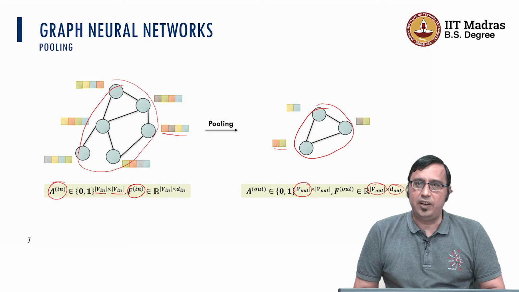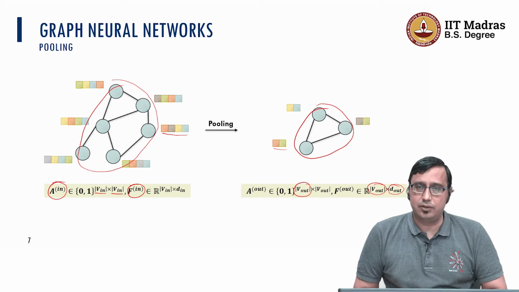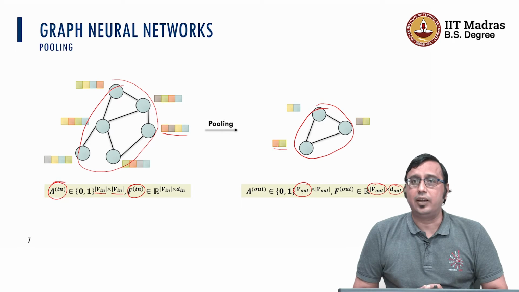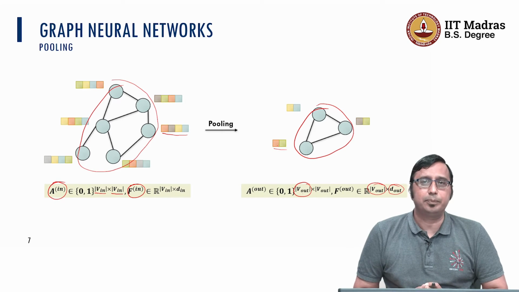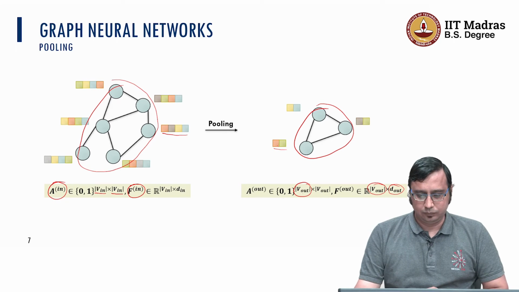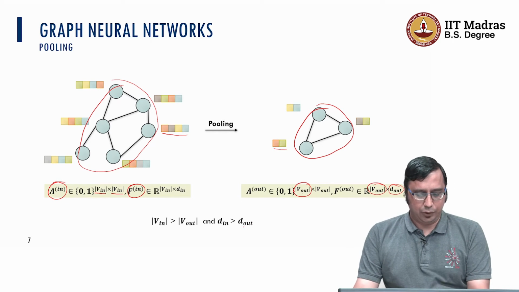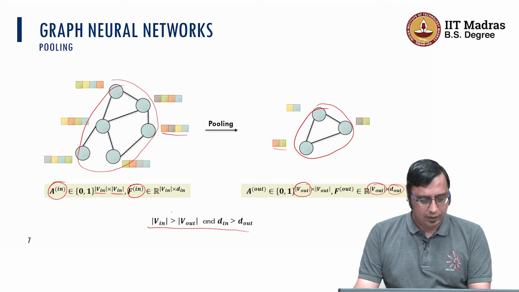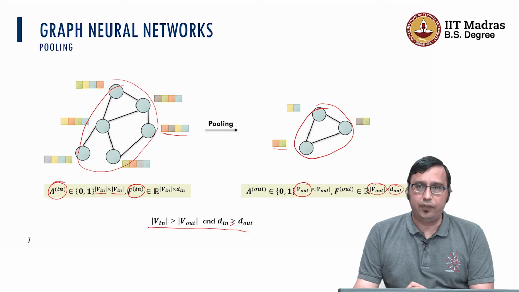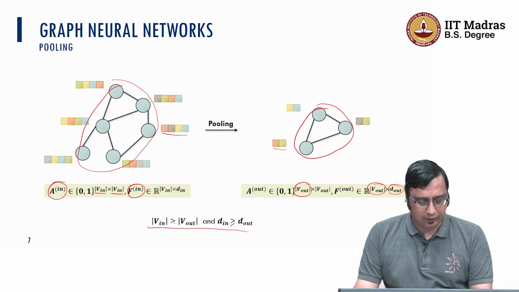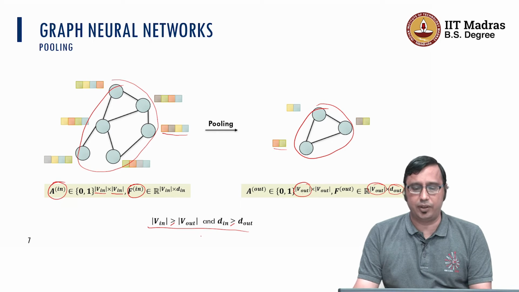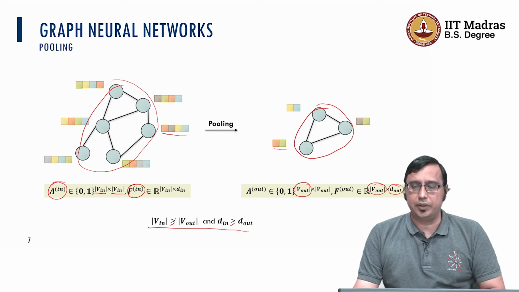So unlike filtering, where the structure remains constant, in pooling the structure is also changing along with the feature vector size. As I told you, this relationship holds. It is possible to have equality. If equality holds, it is more like a filtering operation. If equality does not hold, then it's a pooling operation.